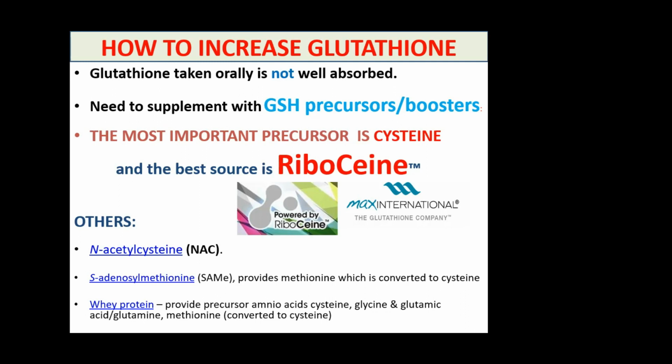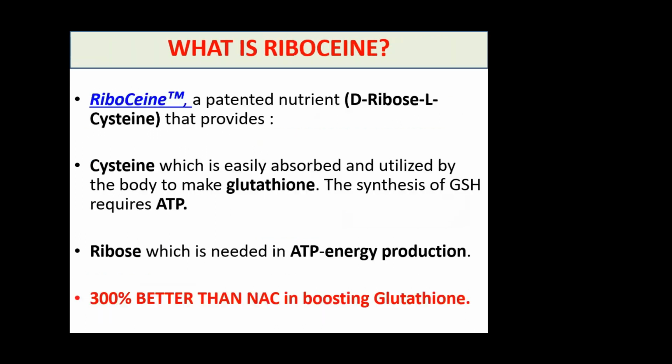Whatever cysteine you have in your diet is also not easily made available to the body because cysteine itself is fragile, right? It's easily denatured once you cook foods containing cysteine. And the best source of cysteine right now is a molecule called ribosine. So what is ribosine? Ribosine is a patented nutrient from the research of Max International. It is actually made of D-ribose, a simple sugar, and L-cysteine, a natural amino acid.